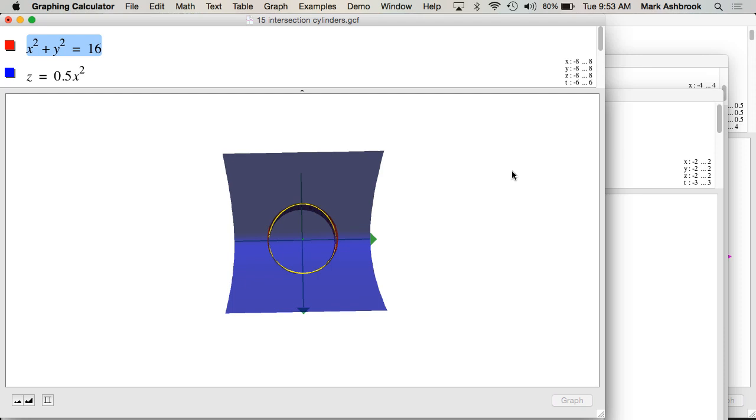Square equals 4. Oh my gosh, you guys. Accidentally, yeah, I got stuck. Okay, thank you.